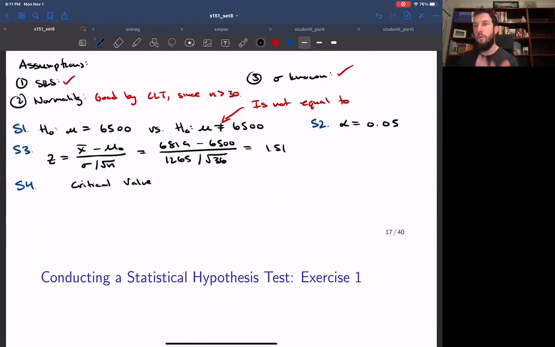Okay, so the way that this works, we start by sketching out a normal curve. So we have a z-score as the test statistic. So that means that we're going to be working with a standard normal table and the standard normal curve.